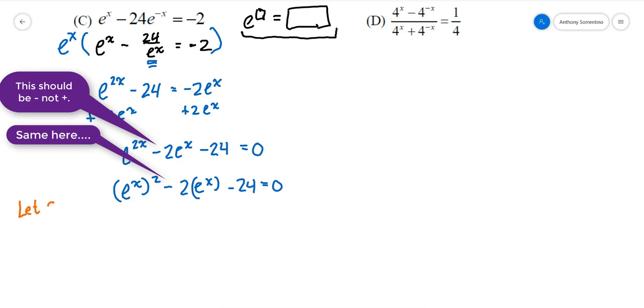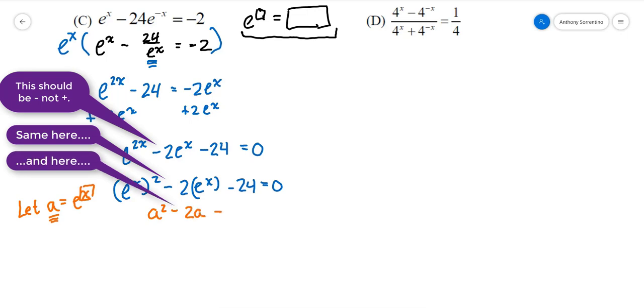For the sake of argument, I'm just going to pick a to equal e to the x. Recognizing that, I'm going to turn this equation into something with a variable a, but ultimately I am looking for what x is. I need to keep that in mind, but I'm going to rewrite this now as a squared minus 2a minus 24 equals 0.